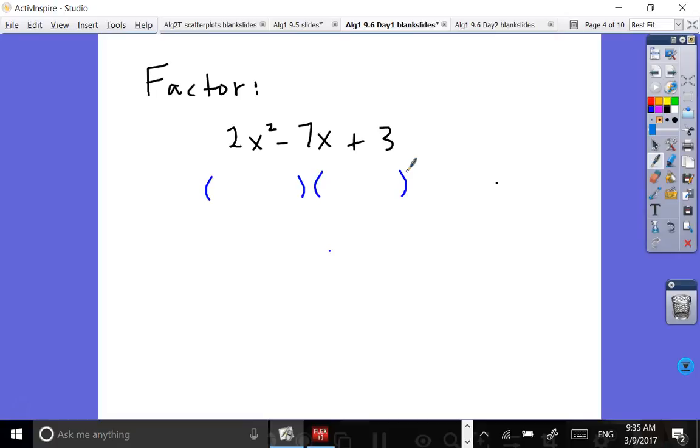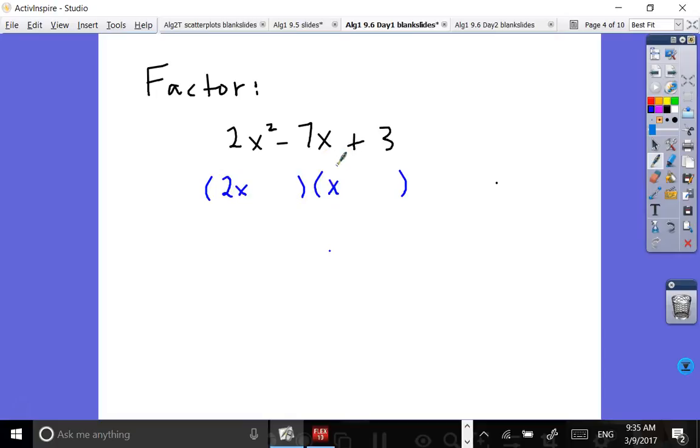So 2 is a prime number. It's positive. Let's just say that we always expect the leading numbers to be positive. So we know that it's got to start with a 2x times an x, right? Unless we go to fractions, and we don't have to use fractions ever, then this will start as 2x and x. When I FOIL that, I would get 2x squared.